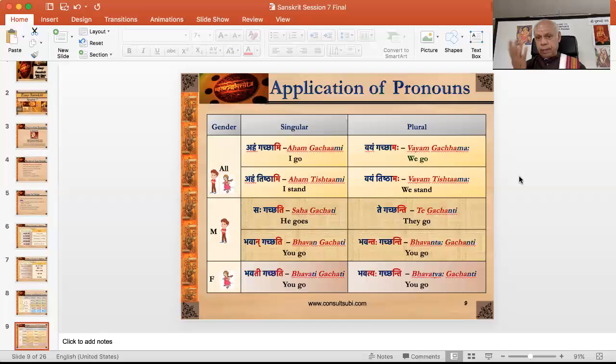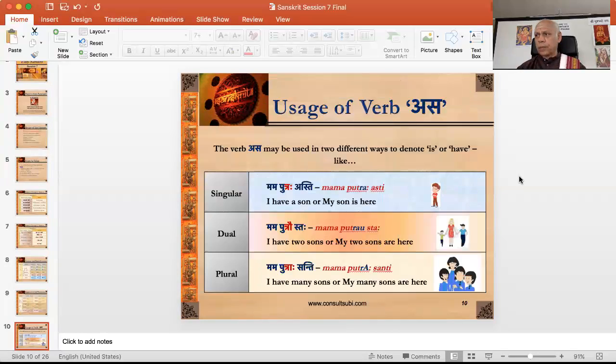Isn't it? Patanti. When you say anti, you can be sure it is referring to plural. Te gacchanti, bhavantaha gacchanti, bhavatyaha gacchanti. When you see a group of ladies, say bhavatyaha gacchanti. So you should know application of singular and plural for different genders. Application of pronouns. Okay, let's go to the next one.